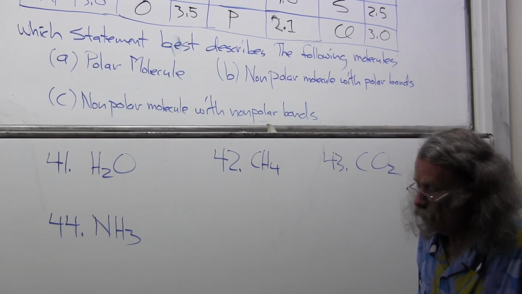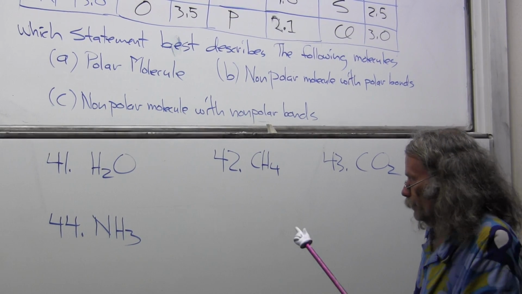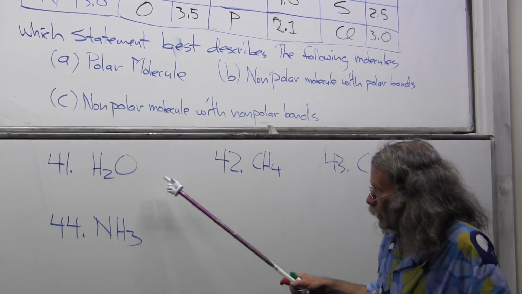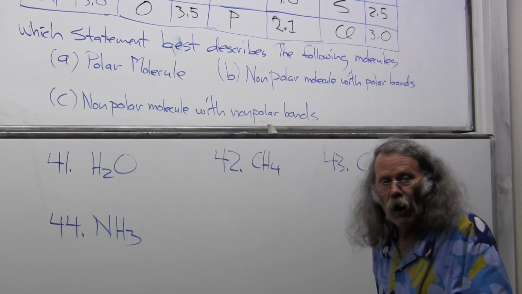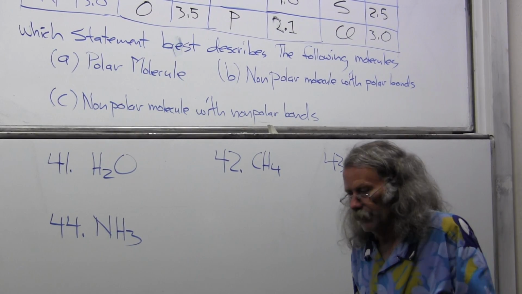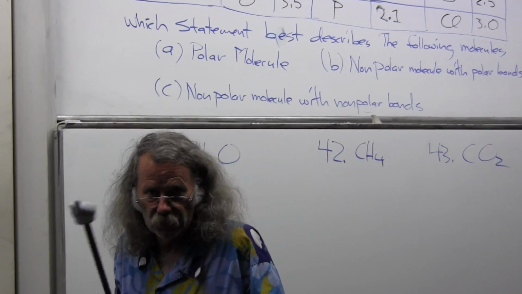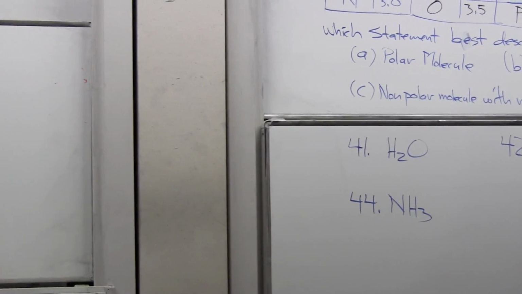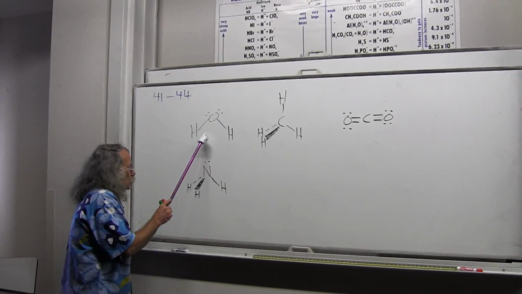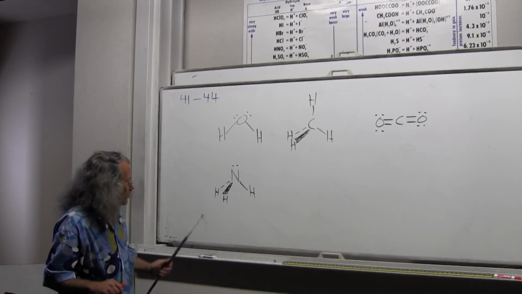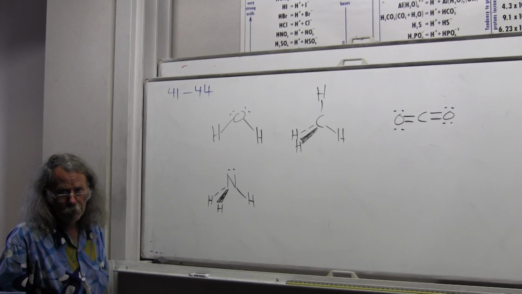So the first one we have to consider is water. Before we go any further, we have to draw it on the scratch paper. This we've had plenty of practice with, so let's look at the scratch paper. I've already drawn the water molecule. This one you should be able to do in your sleep anyway.